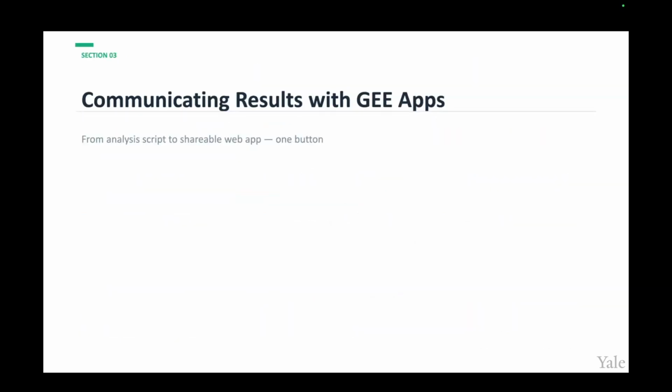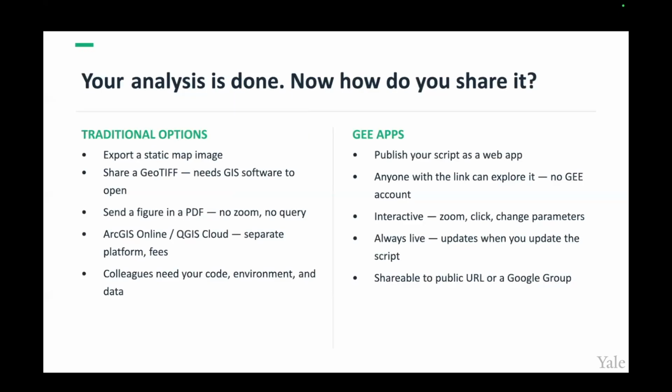There is also, after you are done with your analysis, the step where you want to communicate it. Looking at the traditional way of communicating, we would use static maps. Sometimes we also do web maps using different tools, but that always requires some level of expertise. Now with Earth Engine, it is so easy to share your scripts and analysis.